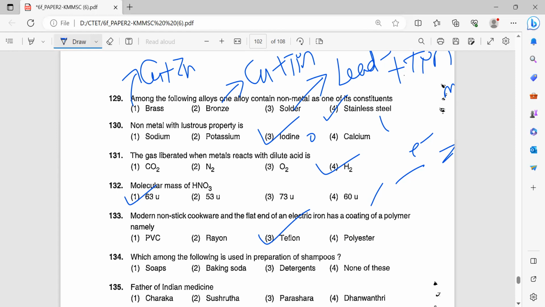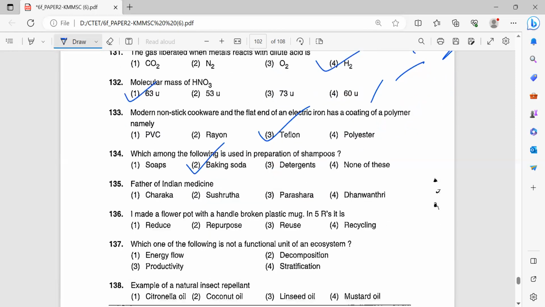134th question. Which among the following is used in preparation of shampoos? So option second, baking soda, is the right answer. What is the formula of baking soda? It is there in 10th standard, no?